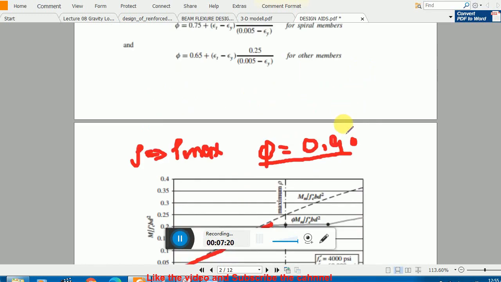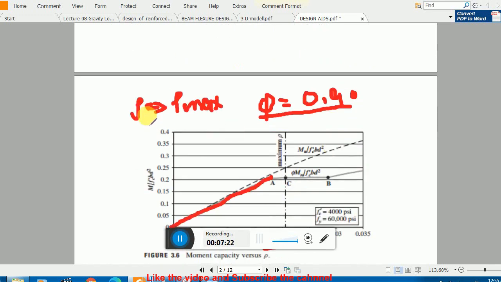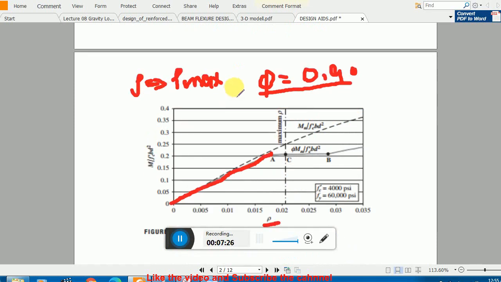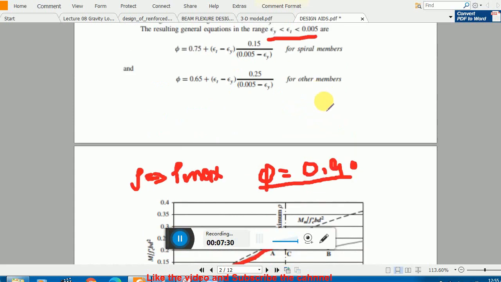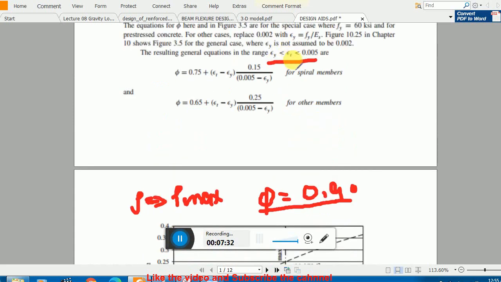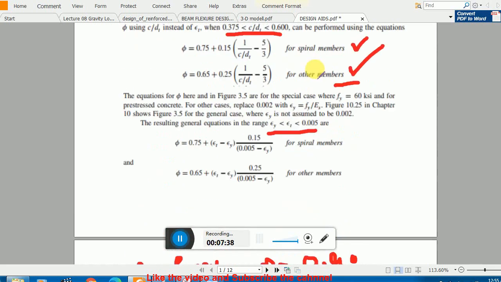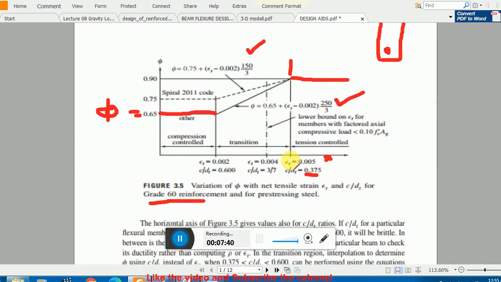This is very important. If you are using more steel reinforcement, your epsilon t will not reach 0.005. Remember this value, you are not reaching 0.005. This means your epsilon t value will decrease. It will go toward this side, and once it goes to this side, your phi value decreases.